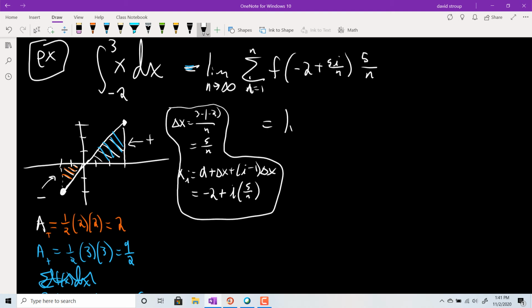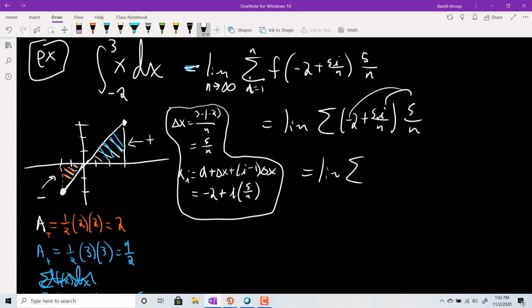Evaluating is pretty easy. Just plugging negative 2 plus 5i over n into x gives you negative 2 plus 5i over n, times 5 over n. I have to distribute this and then split up the summation. So negative 10 over n plus 25i over n squared. And then that'll be the limit of the sum.